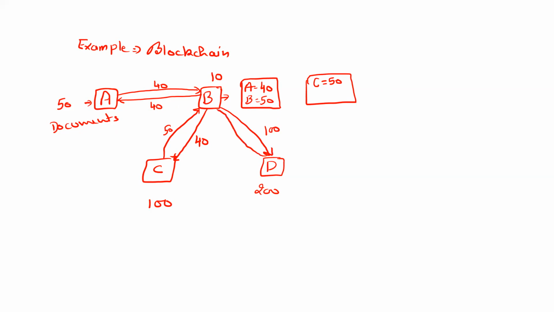But D shares 120 out of 200. So it will create one more block, providing the information that D shared 120 documents with B.